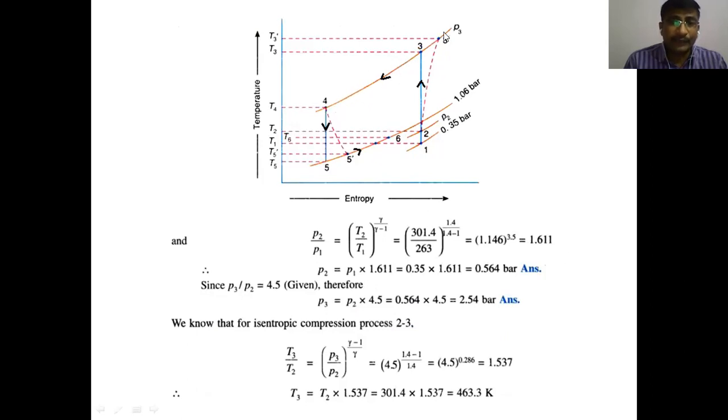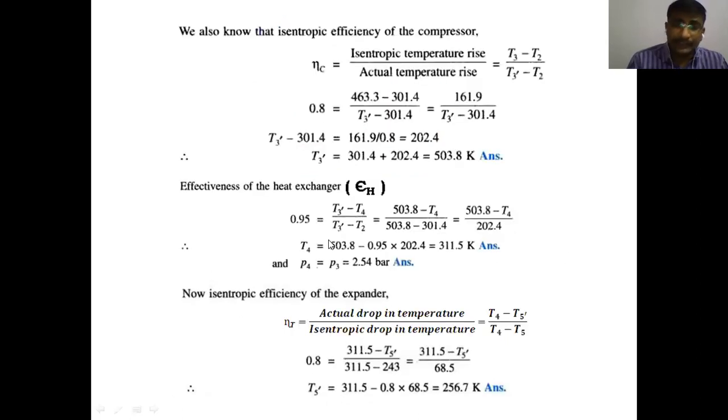P4 is 2.54 bar, the same as P3, and P5, the pressure at 5, is the cabin pressure, which is equal to 1.06 bar, given in the problem. Okay, so by substituting in the adiabatic rule formula, the turbine efficiency is equal to actual drop in temperature divided by isentropic drop in temperature.